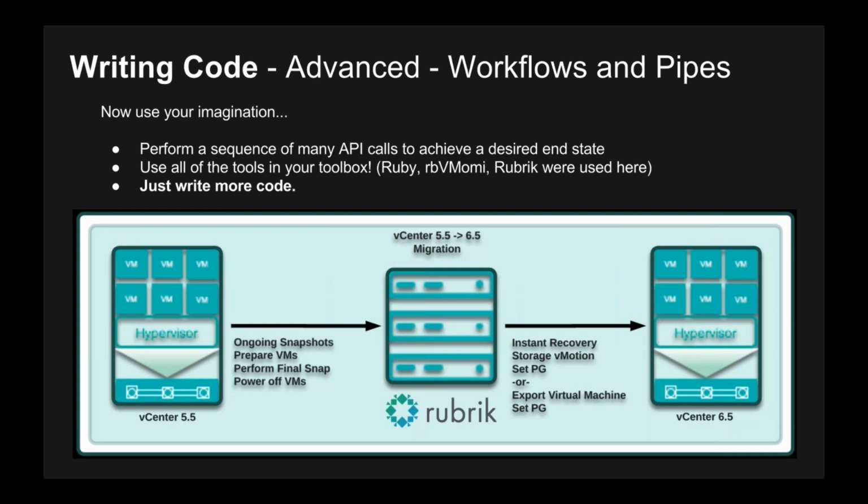We were talking in the number of tens of thousands of VMs that they needed to migrate from vCenter 5.5 to 6.5. So essentially, all of the items underneath the arrows are operations that we built the workflow for to happen autonomously. And the good thing about Rubrik is that we can minimize downtime.